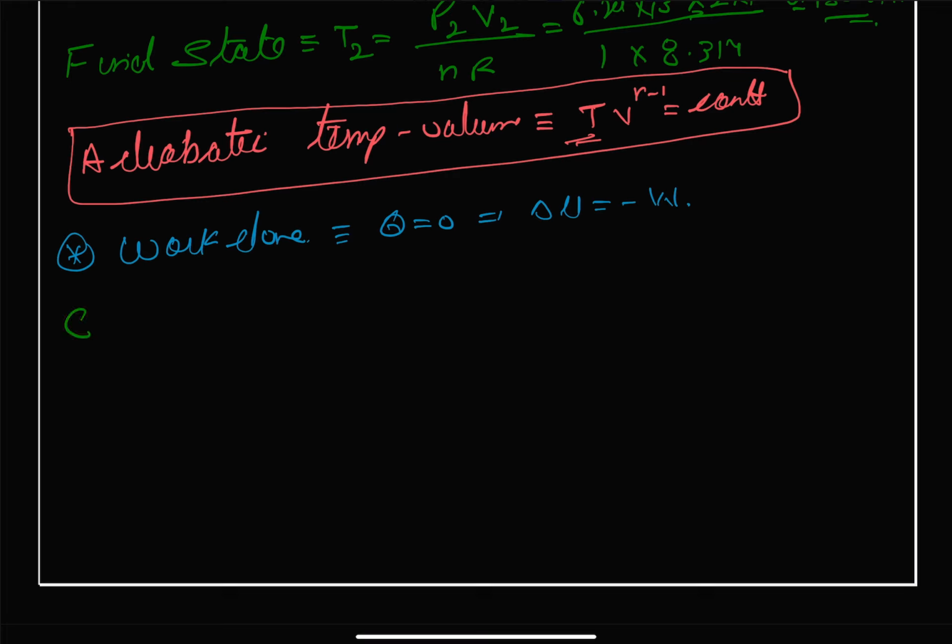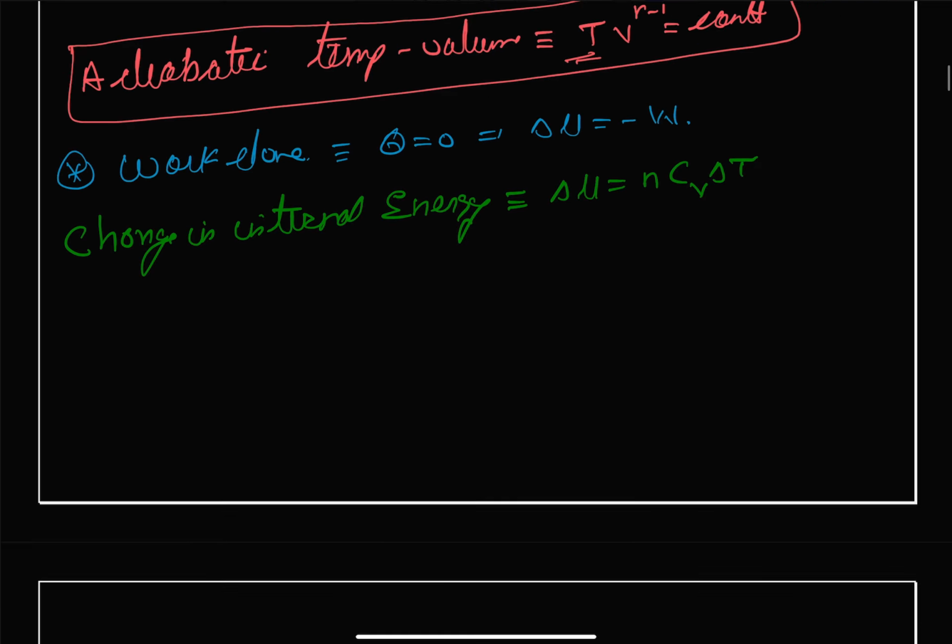We can say that the change in internal energy, that is our delta U, will be equal to N CV delta T. Delta T is T2 minus T1.